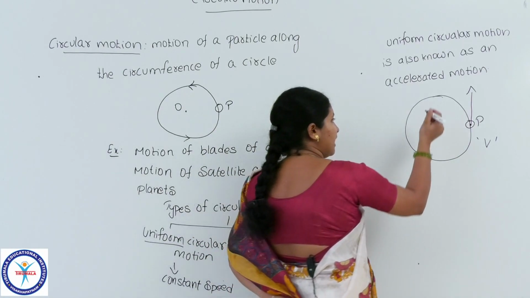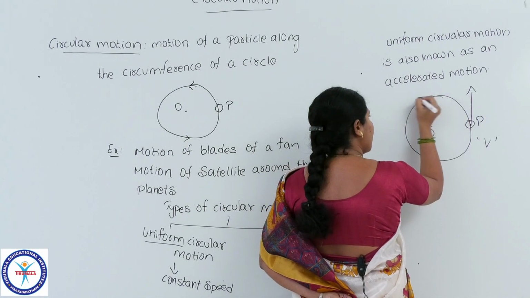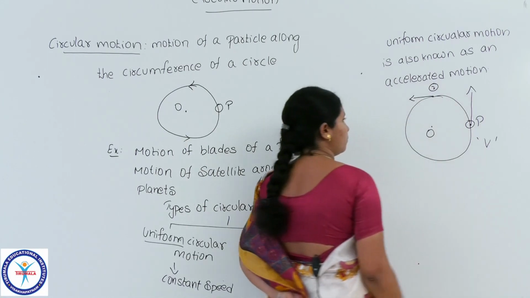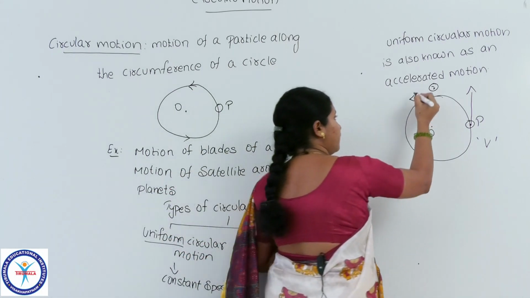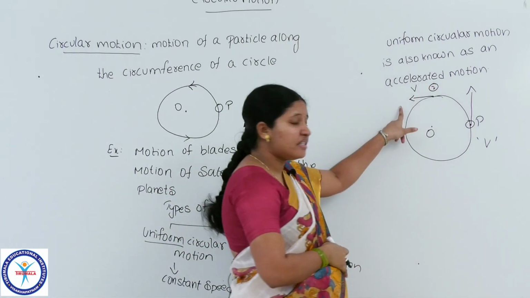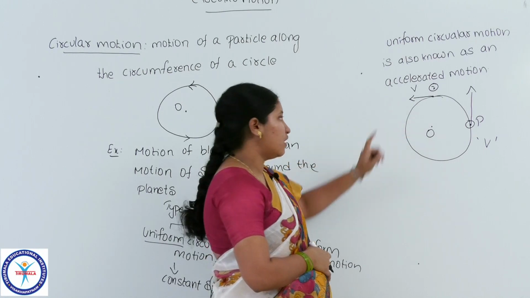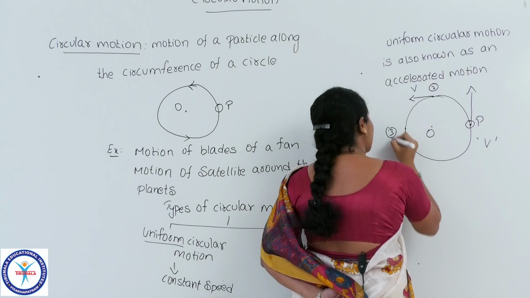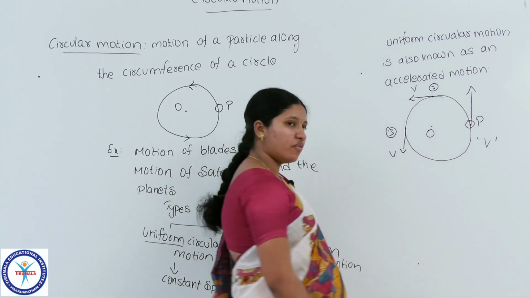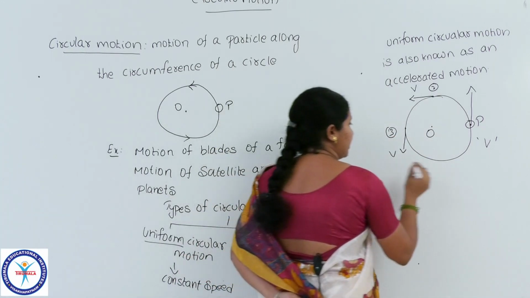Now consider another point at position 2. This also has the same speed v, but the direction is along the tangential. At point 3 the speed is also v, but the direction is changing.